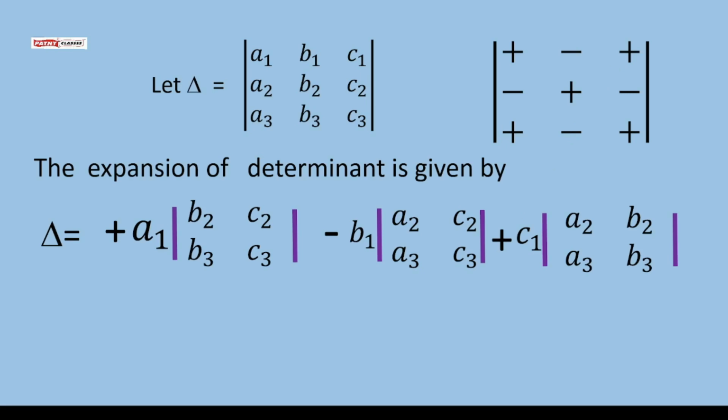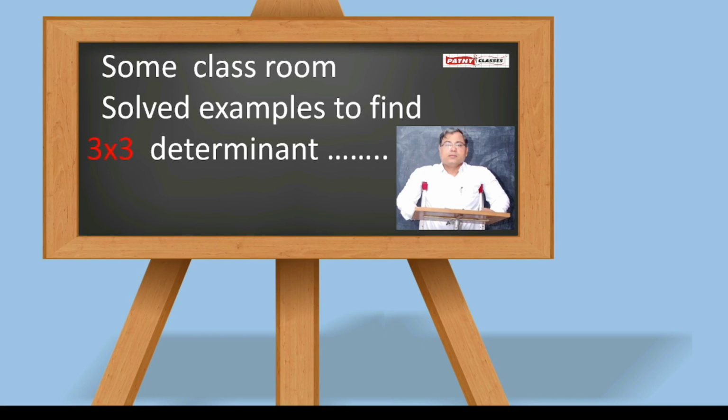This is a sequence, and this sequence is very important. By using this calculation, we can find the value of the determinant. Now we will be learning to find the determinant, so let's have some solved examples to find the determinant of third order.